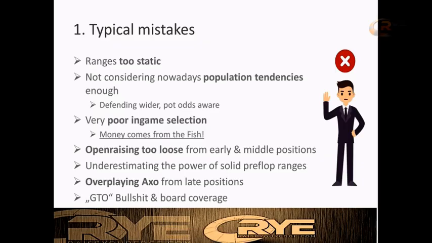So GTO basically means that a single hand might not be very profitable as an open raise, but for our entire range, it makes a lot of sense to open raise that hand, so that in case a board like 4-5-6 or 6-4-3 or 2-3-4 shows up, we also have straights and sets in our range, so our opponent cannot exploit us and bluff a ton and also go very thin for value.